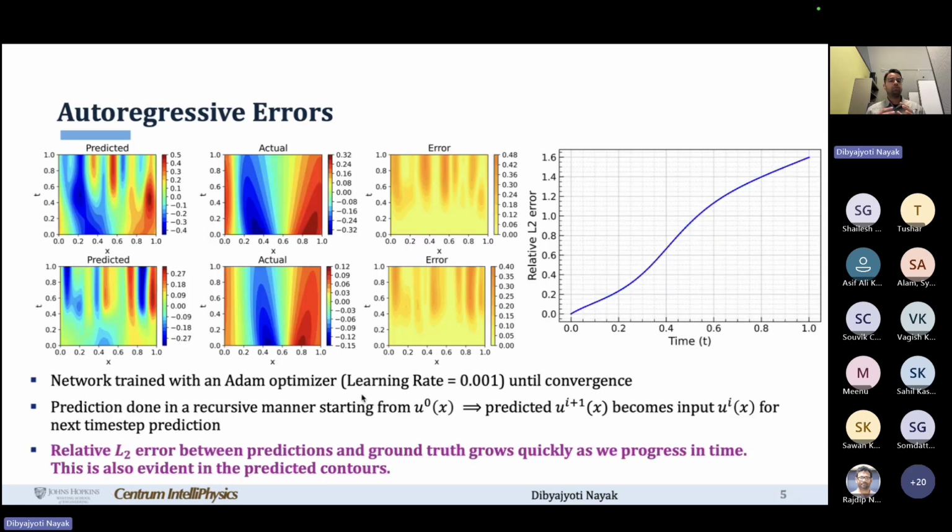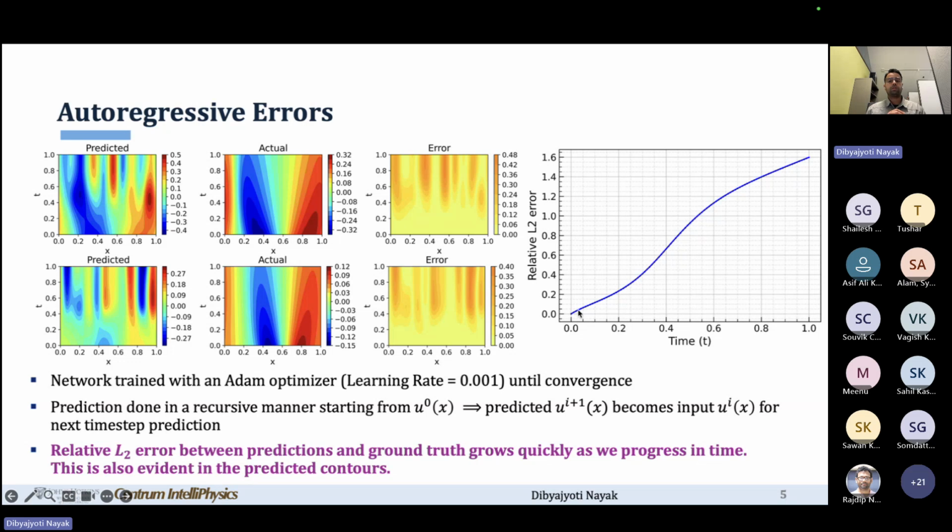Now let us see how the autoregressive error accumulation happens. On this slide, I show you the predicted and the actual solution contours observed in the 1D Burgers example. As you can clearly see, the predicted solution contours are way off and deviate significantly from the actual solution profiles. On the left hand side, I show you the plots for two representative test samples. On the right, we also have a more quantitative evaluation in which we look at the relative L2 error growth in time.